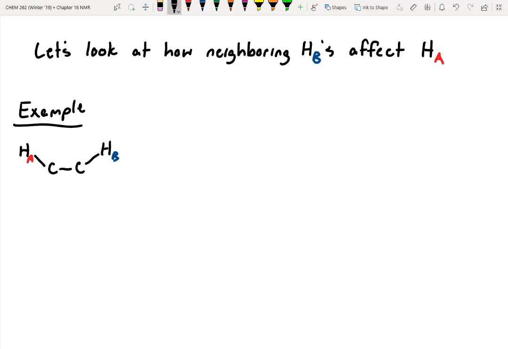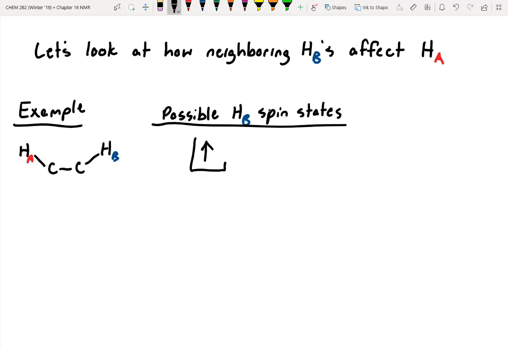So let's take a look at possible HB spin states. We know HB as a neighboring proton can either be spin up or it could be spin down. Do you think one's more likely than the other?